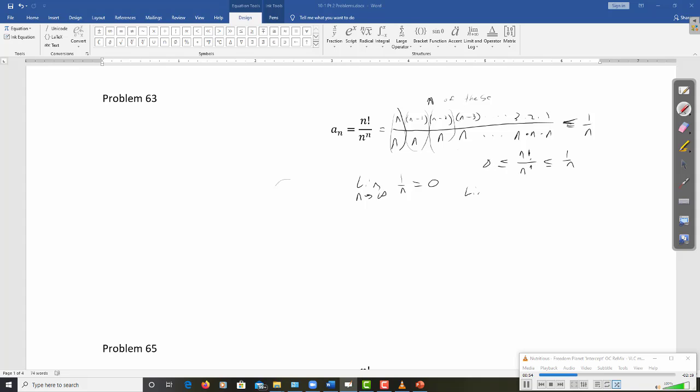The limit as n goes to infinity of 1 over n equals the limit as n goes to infinity of 0 equals 0. So, the limit of this thing has to equal 0 as well. The limit as n goes to infinity of n factorial over n to the n has to equal 0 by the sandwich theorem.